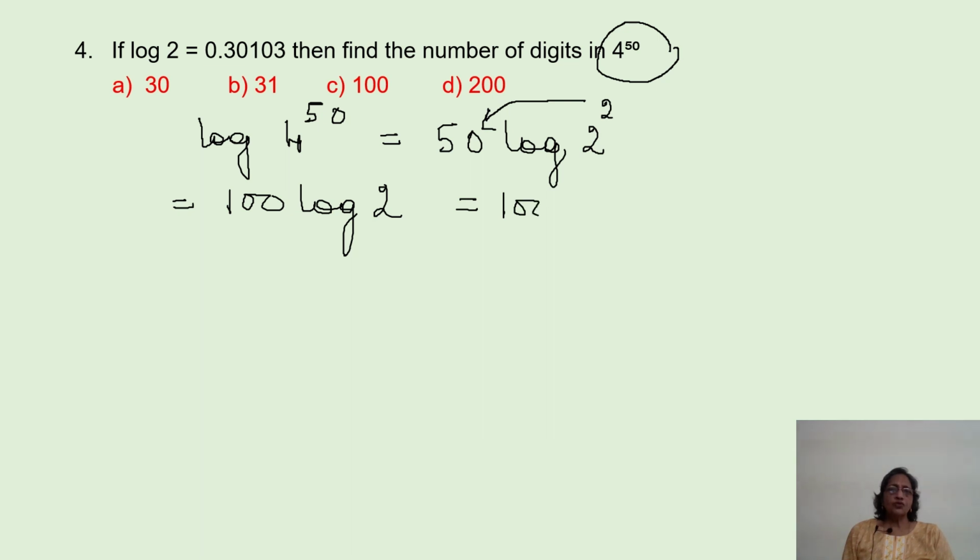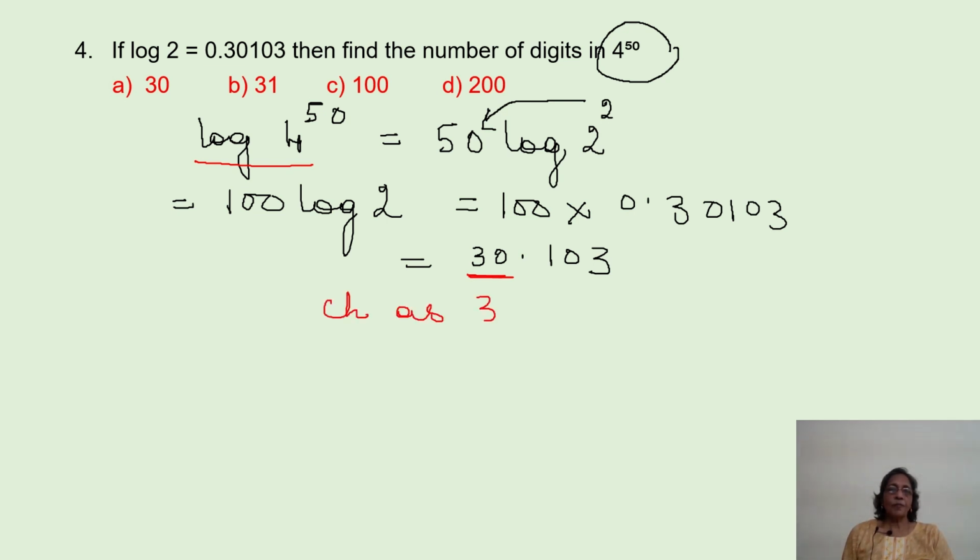Value of log 2 is known to you. So this will be 0.30103 and this comes out to be 30.103. Now have a look at why we have taken the logs. The reason for us to take the log of this number is here. We have got the characteristic as 30.